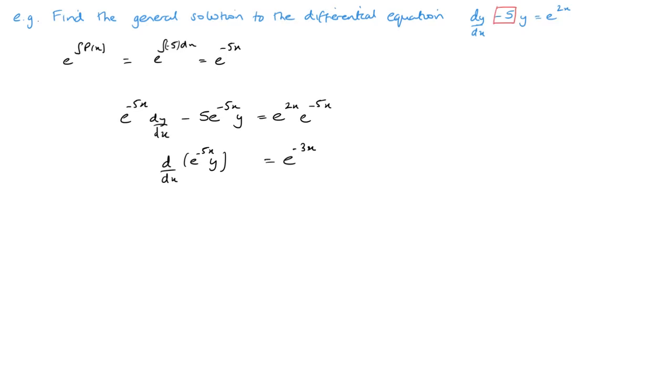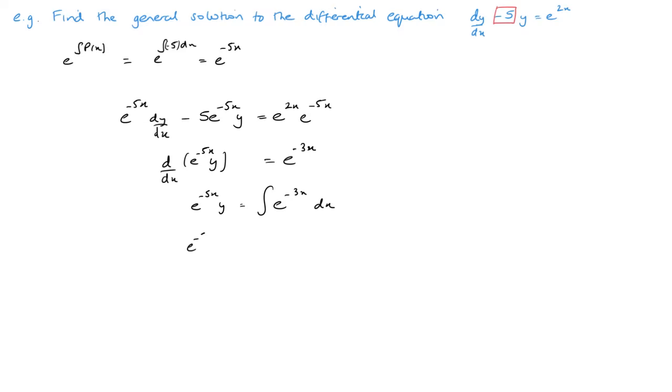So by multiplying by this integrating factor, it creates the form of the very first example, where I can put these two terms together to be the differential of a single term. Now I integrate both sides, so e^(-5x) y equals the integral of e^(-3x) dx.